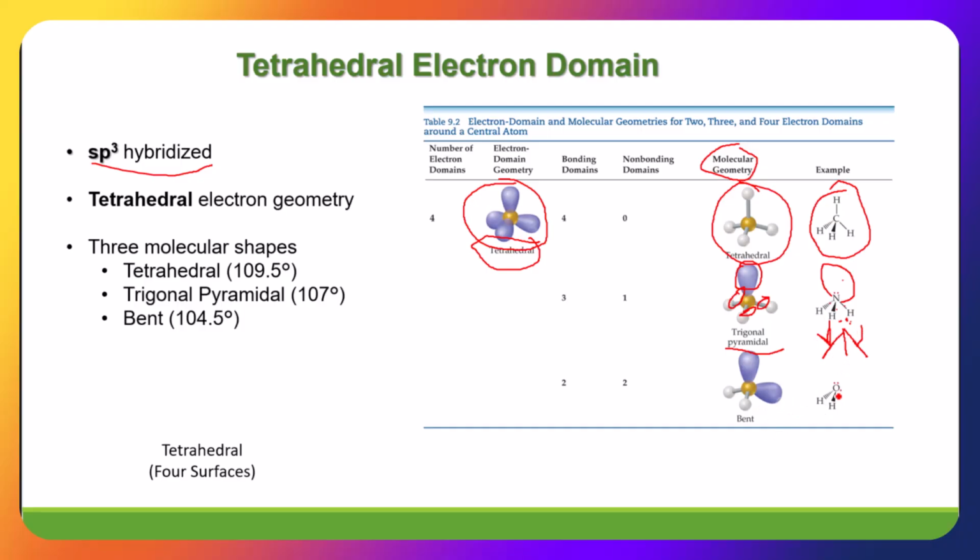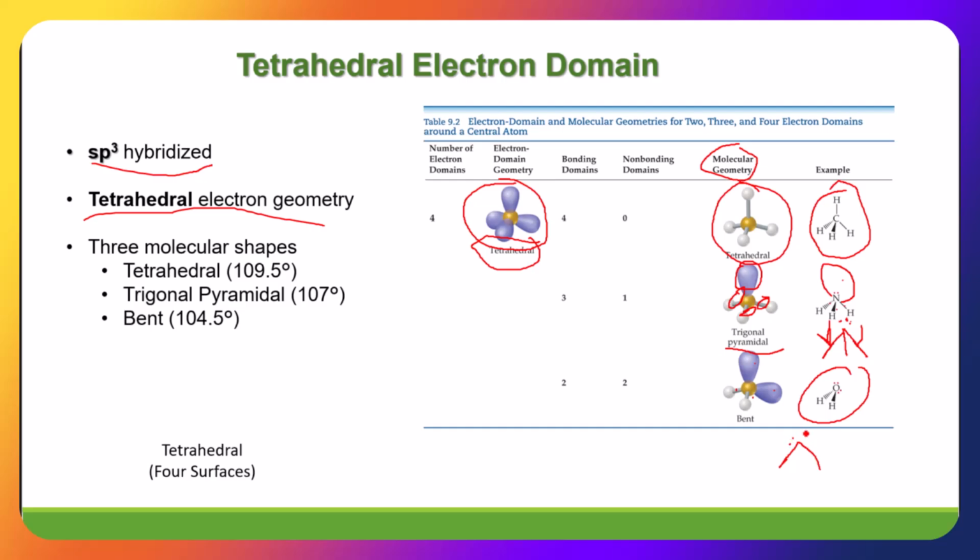Finally, look at a good old water molecule. Water has an electron geometry that is tetrahedral because you have 1, 2, 3, 4 things around the central atom, 4 electron domains. That's what gives you your tetrahedral electron geometry. But 2 non-bonding pairs of electrons on the oxygen give you this molecular geometry.